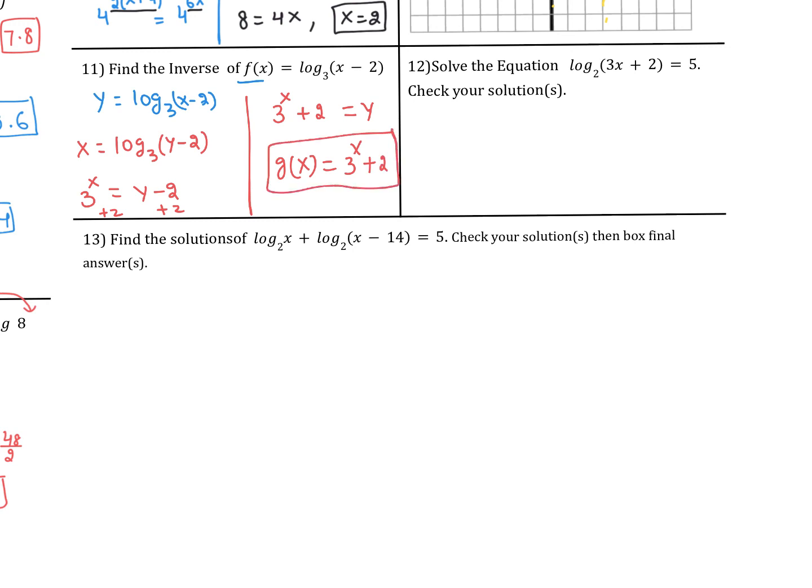Similarly, for number 12, you're going to actually solve for number 12, not find the inverse. 2 to the power 5 is 3x plus 2. 2 to the power 5 is 32. Minus 2 on both sides, you got 30 equals 3x, which means x equals 10.